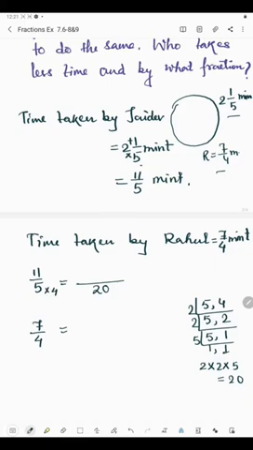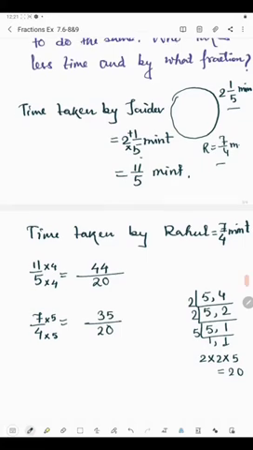It's 4. Now the same number to be multiplied by the numerator. So it's 4 11s are 44. And here also we will have to make the denominator 20. So 5 should be multiplied to the denominator to get 20. So the same number to be multiplied by the numerator as well. So 5 7s are 35.